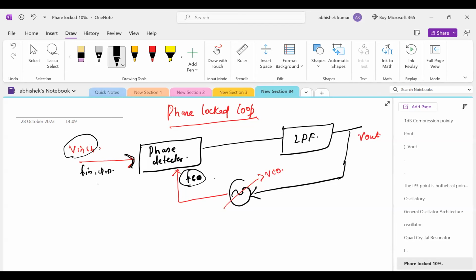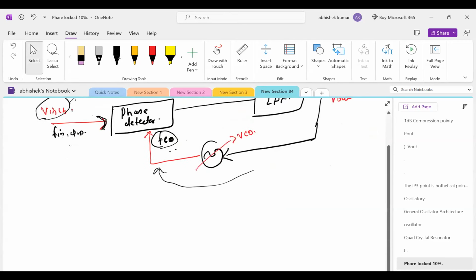Suppose we are getting this frequency, and the phase detector will give a null value when this frequency and that frequency are the same. But when the voltage again changes, the frequency again changes, and then the phase lock loop works. So for that we will first understand how the phase detector works.